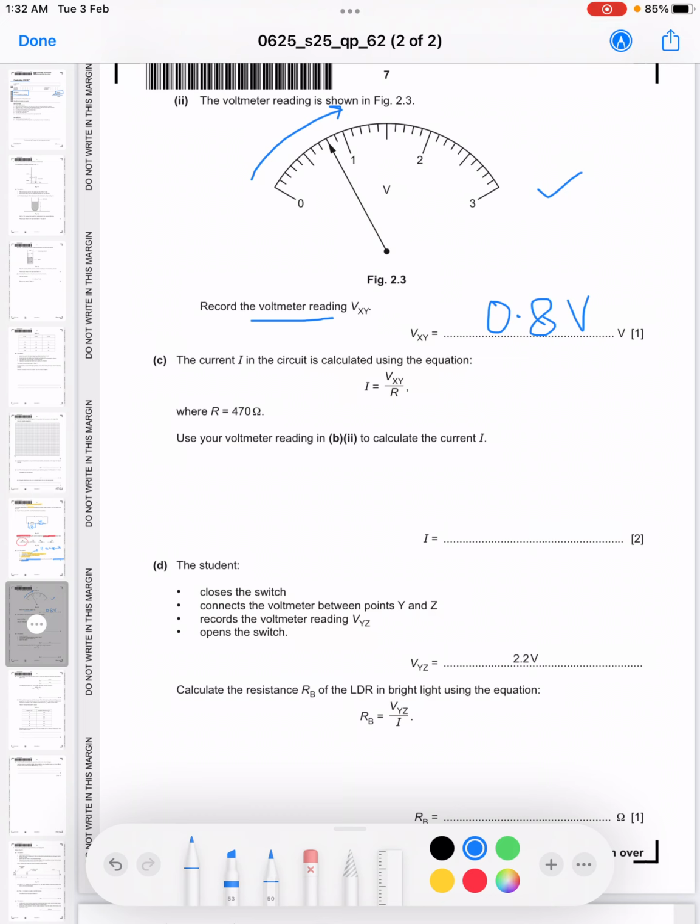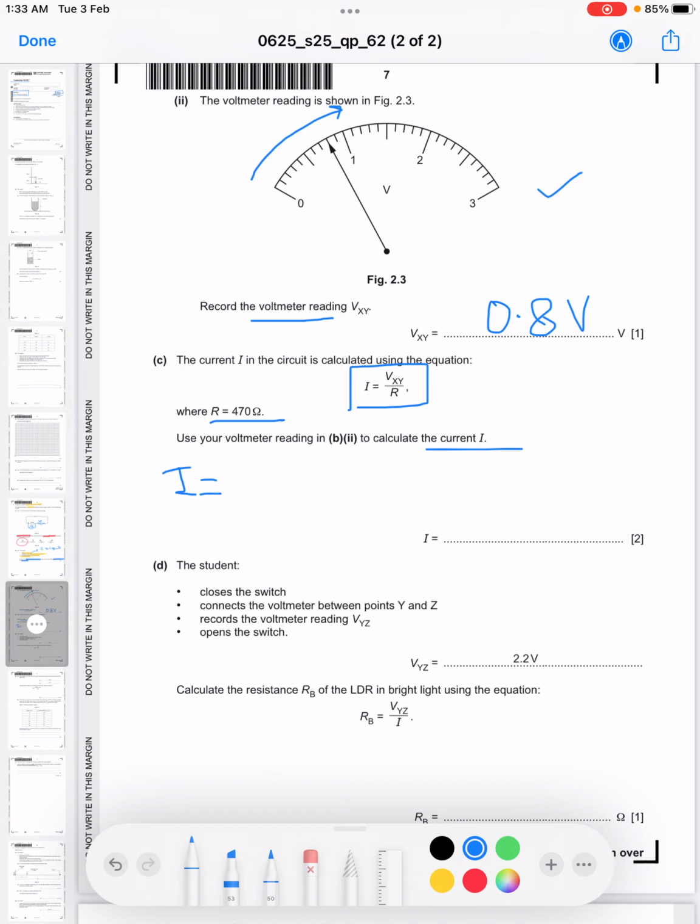Then the current in the circuit was calculated as VXY divided by R with this formula. The formula is given, R is given, we calculated the above one. Just substitute the values and get the answer, because they are asking us to find the current.